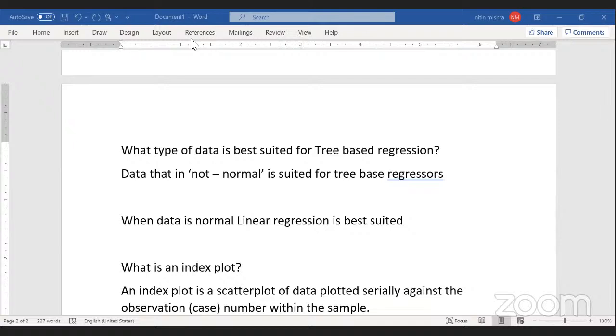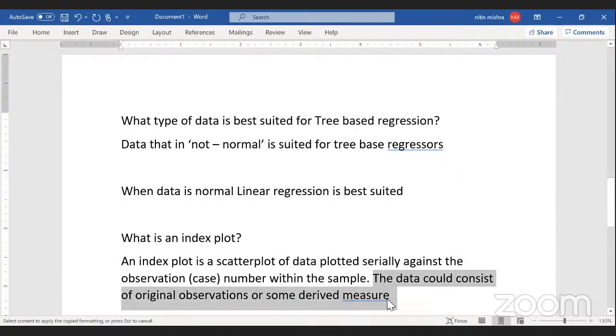The data could consist of original observations or some kind of derived measure. All right. So let me type it out. Or some derived measure.